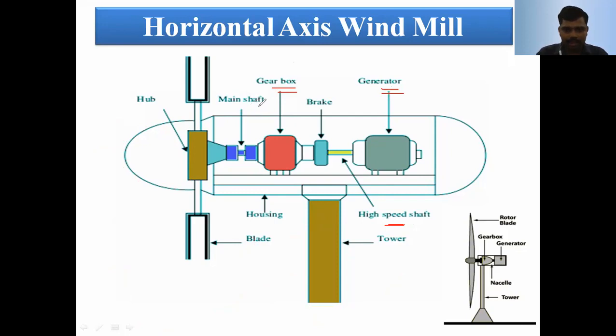The low speed shaft rotates at 15 to 30 rpm, but the high speed shaft rotates at 1000 to 1800 rpm. Here, the kinetic energy is converted to mechanical energy. Further, this mechanical energy is converted into electric energy with the help of the generator, that is the AC generator or alternator.